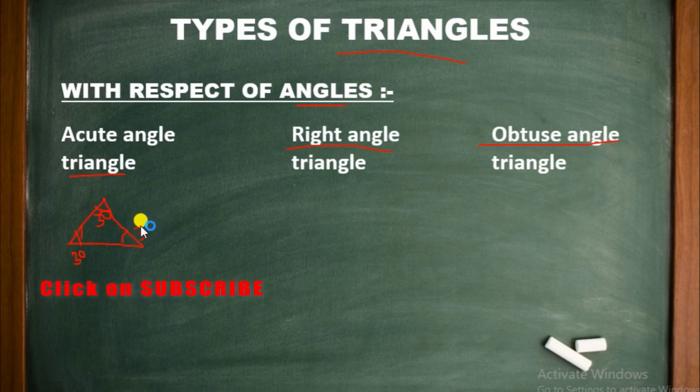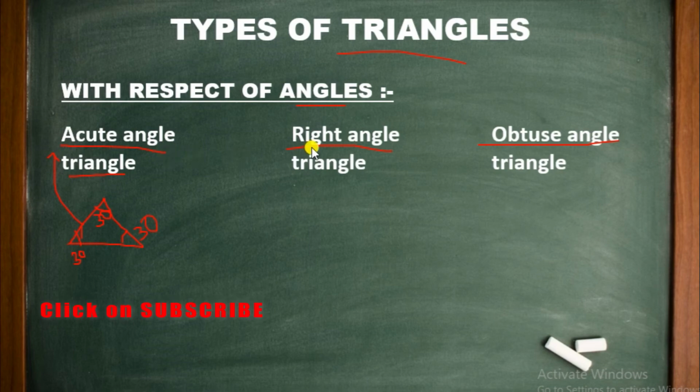So here all the angles are less than 90. So when all the angles are less than 90, then this type of triangle is called acute angle triangle, because we know acute angle means less than 90.